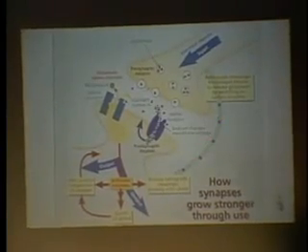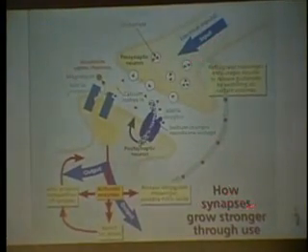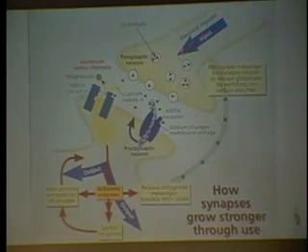And this just shows how synapses grow stronger with use. You have the electrical impulse coming down. Here's your presynaptic terminal. Here are your vesicles filled with transmitter. The calcium will run in. These are glutamate, so that you've heard of glutamate. It's the most common neurotransmitter in your brain. You get calcium coming in.